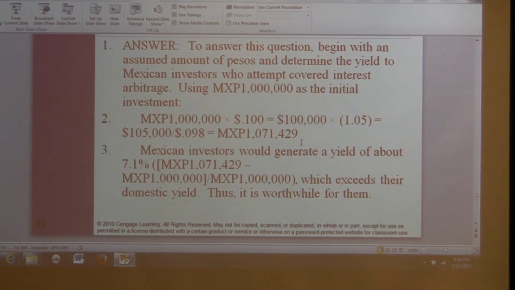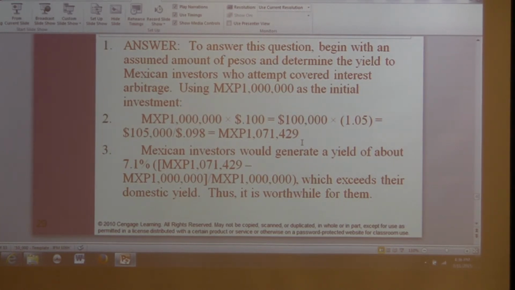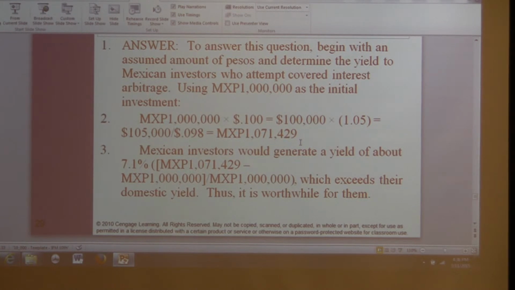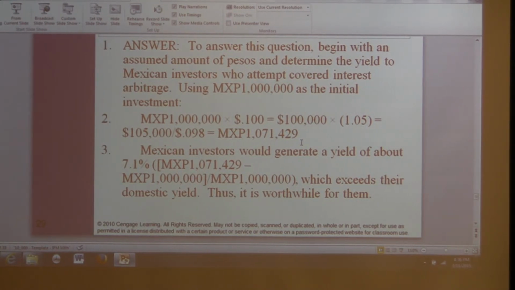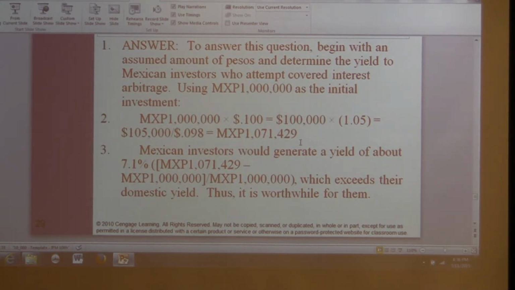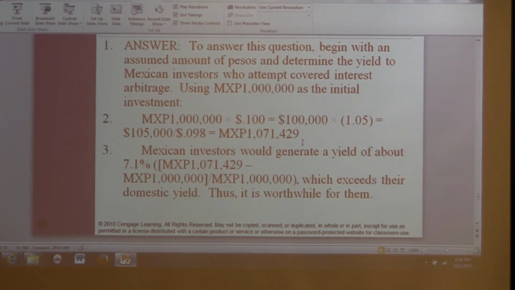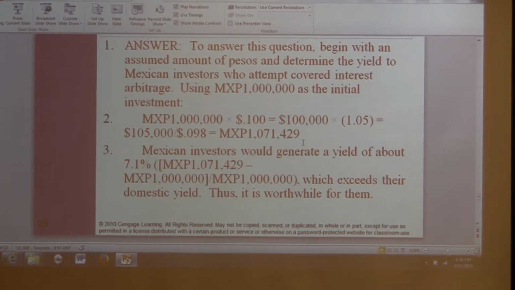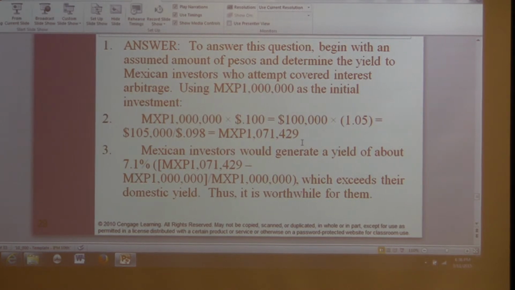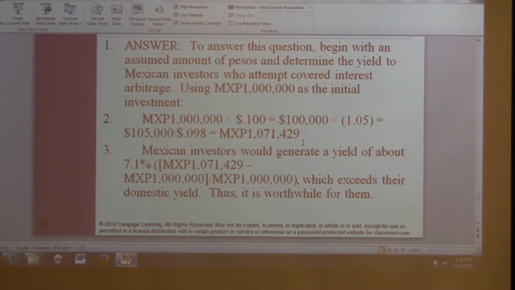So once we have that, we can see how much we make. So how do you do that? So if you're in Mexico, I don't know how much money they're talking about.